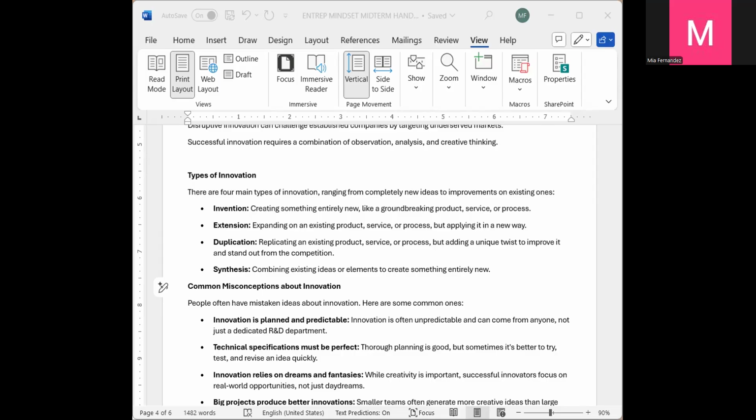Sorry about that, I forgot who. Nicholas Tesla, I think. But it was commercialized by Thomas Edison. That's why it says he improved upon existing ideas.